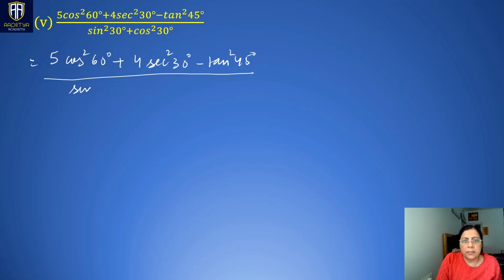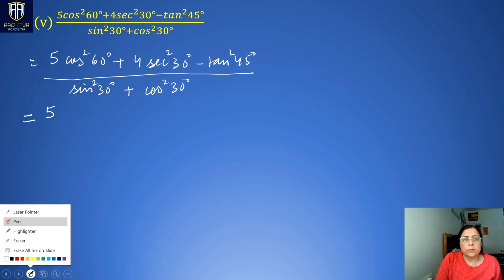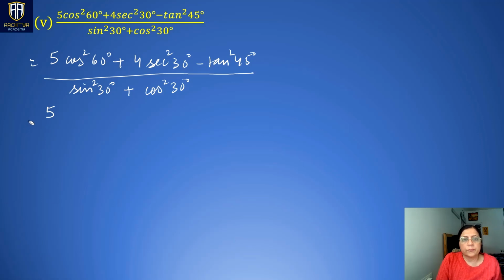Then we have sine square 30 degrees added to cos square 30 degrees. So now we know the values. Write this, 5 multiplied by cos 60's square. Cos 60 is half, square of this.